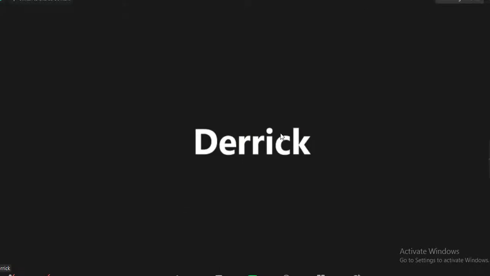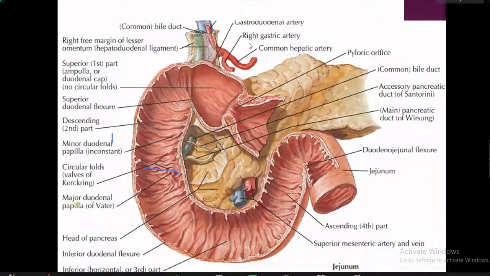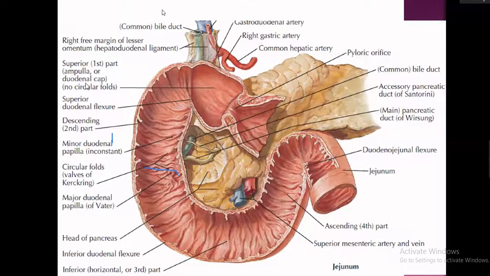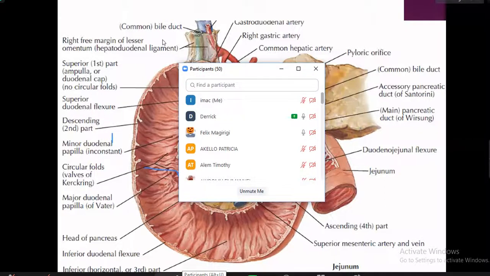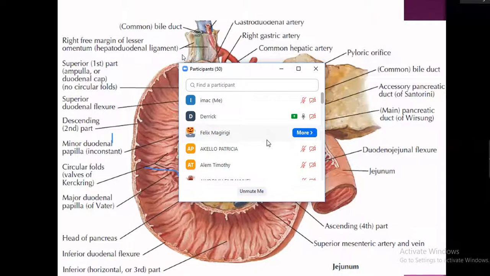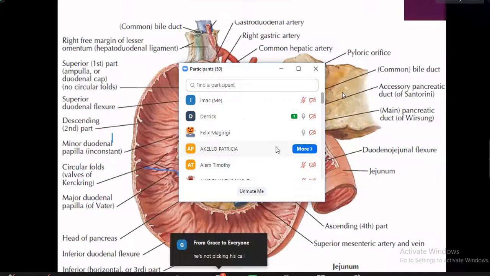It's just that I don't see the option for muting from here. Okay, let's continue.